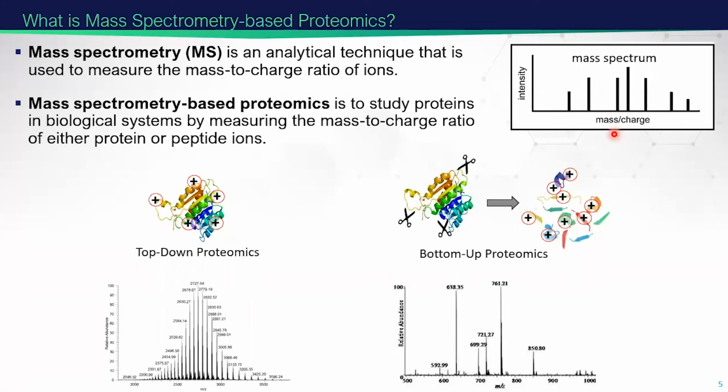By doing that with proteins, you can either analyze the mass to charge ratio of the protein itself, which we call top-down proteomics, or you can chop the proteins into smaller pieces, which actually makes it easier for mass spec to analyze. You will call this type of analysis bottom-up proteomics, when you analyze the peptides instead of the proteins. Today I will be mainly focusing on bottom-up proteomics.